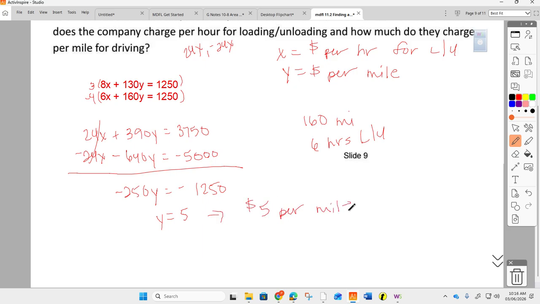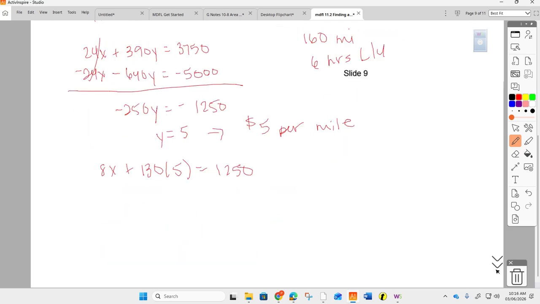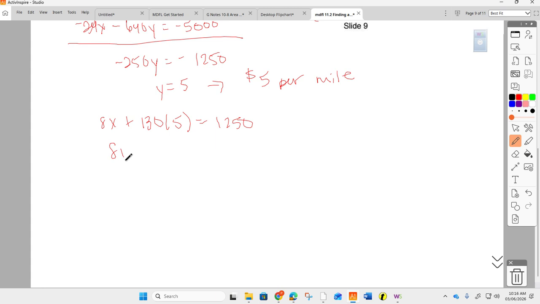Going to use the y to plug back in, 8x plus 130 times 5, because that's where the y goes, equals 1250. 8x plus 650 equals 1250.